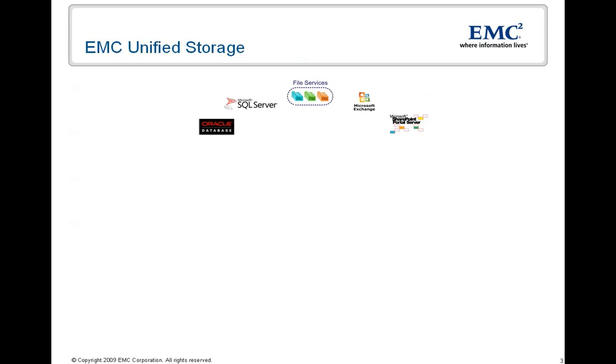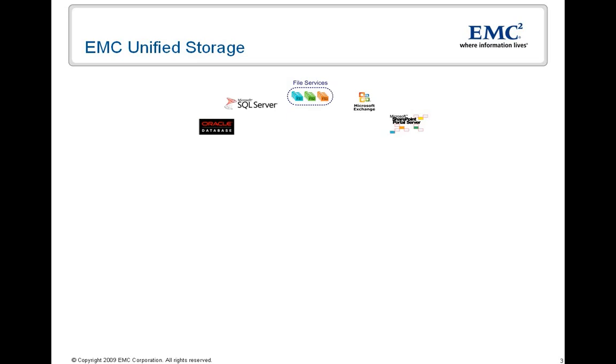So we start with an application, whether it's just your meat and potatoes file services, or say Oracle over NFS, or Oracle over Fibre Channel, SQL. Exchange seems to be a very hot item these days, specifically with 2007, and more so because of the whole virtualization scene.